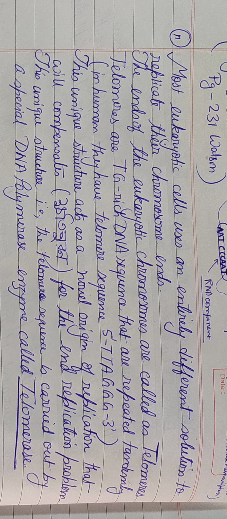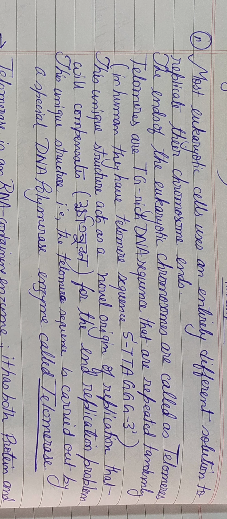So in eukaryotes, how do they solve the end replication problem? By synthesizing a tandem repeated sequence called telomeres. Telomeres are TG rich DNA sequences repeated tandemly one after another, like in humans, TTAGGG, TTAGGG.